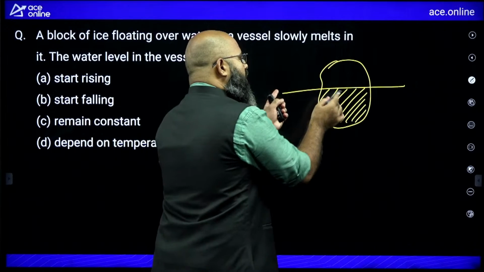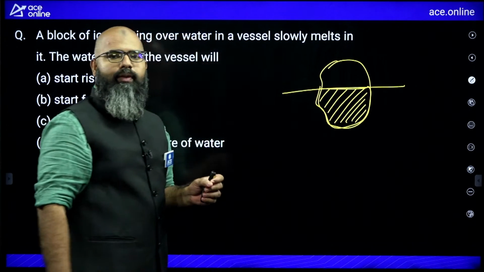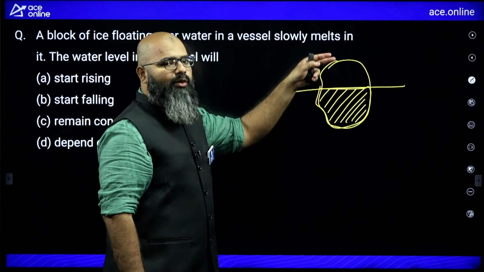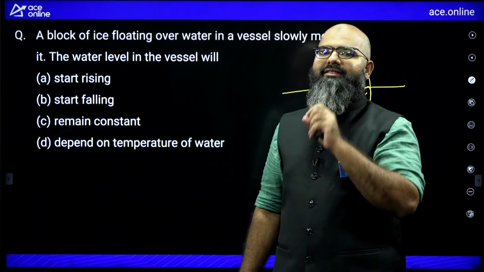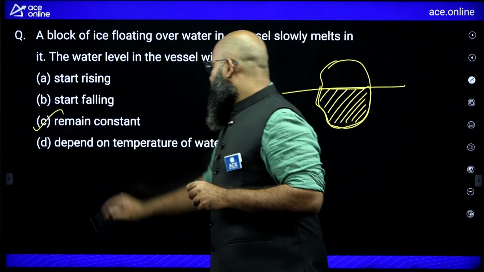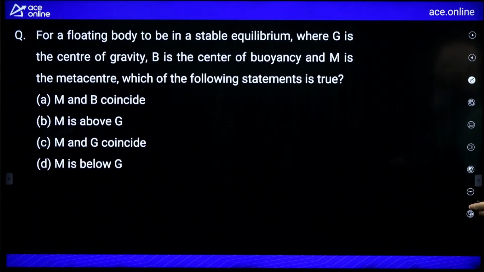So when it becomes water, it will occupy only this much space. If it is occupying only this much space, the level of water is neither going to rise nor come down. The level of water remains as it was. So the answer over here will be remains constant. Moving further.